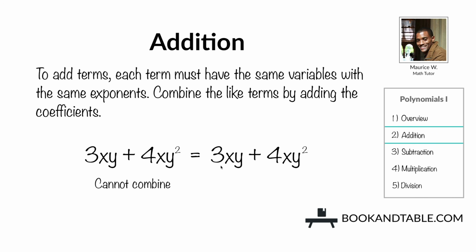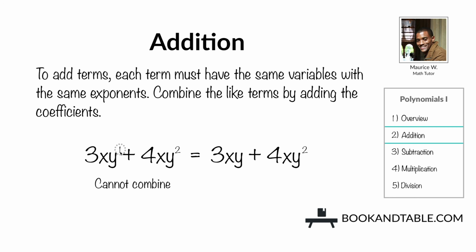That would be equal to 3xy plus 4xy squared, since we cannot combine these two terms. The reason being, the first y has an exponent equal to 1, and the second y has an exponent equal to 2. So since these exponents are not the same, we cannot combine these two terms.